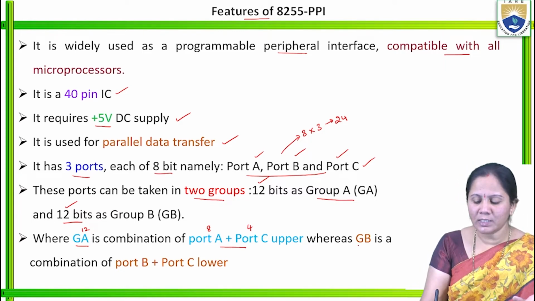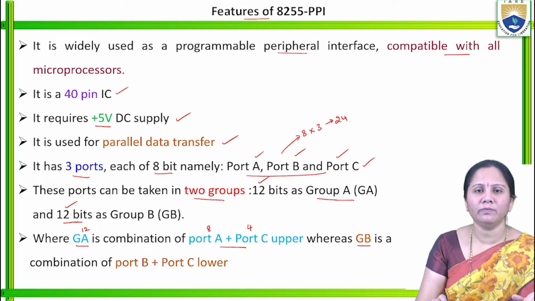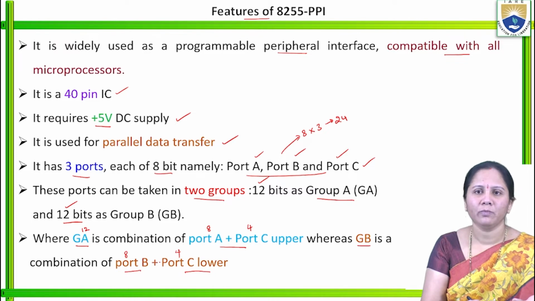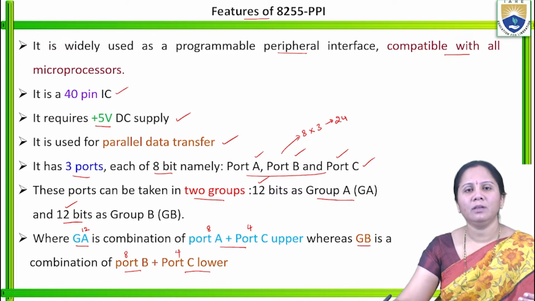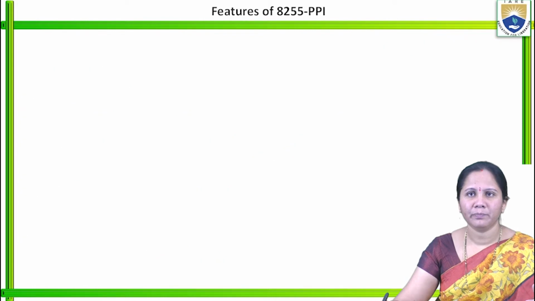Group B also consists of 12 signals: port B, 8 lines, and port C lower lines, that is 4. So totally 12 IO lines are under the control of group A and another 12 lines are under the control of group B.